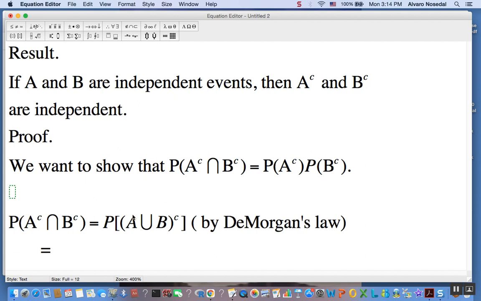We have already shown another theorem, providing a mathematical proof of that result: that for any event, let's call it C, the probability of C complement is 1 minus the probability of C. Okay? So in this case, it would be 1 minus the probability of the union, right?